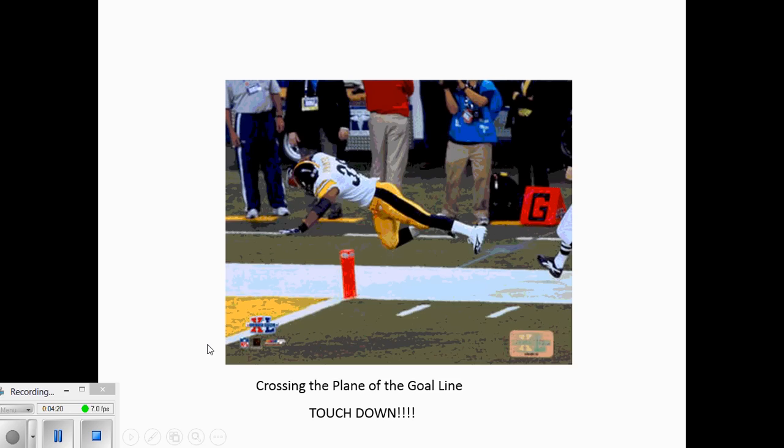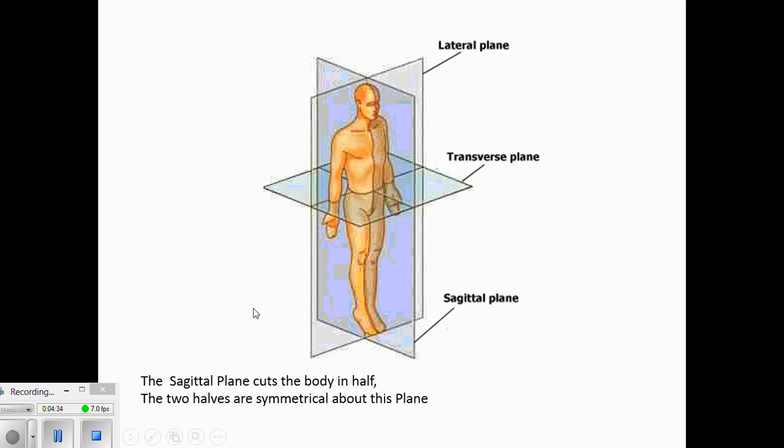We talk about, does he make the goal? Does he get the 6 points for the touchdown? That is, has he crossed the plane of the goal line? Artists and the likes will just define that there's a plane that divides the body in half.